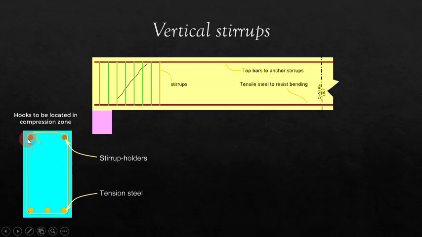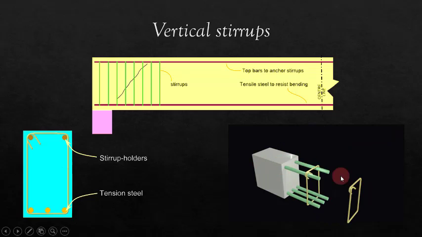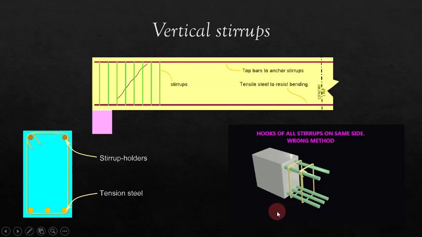In this way, the ends of the stirrup bar will be under confinement. This is necessary for improved anchorage and to avoid crack initiation and opening of hooks of stirrups. Another point to note is that the hooks of alternate stirrups should be on opposite sides, as shown in this animation.